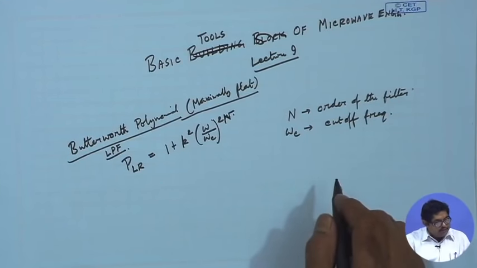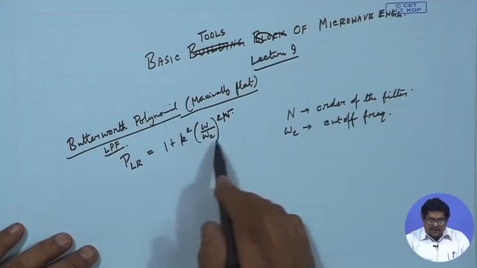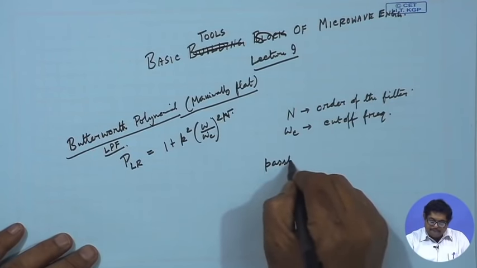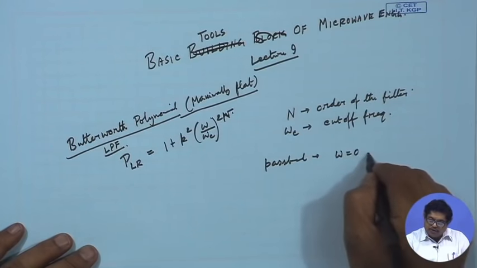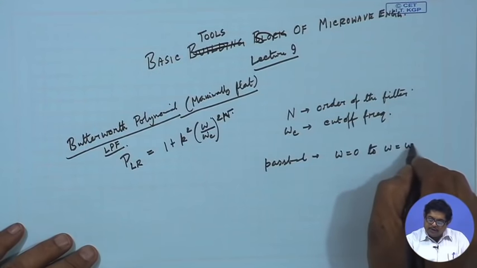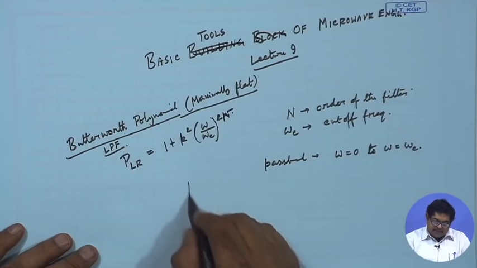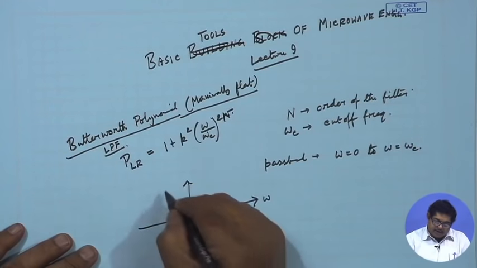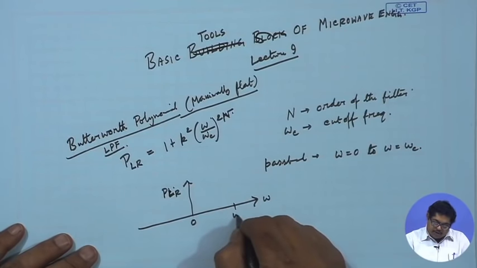and omega c is the cutoff frequency, the low pass filter angular cutoff frequency. Now, if you see this, the pass band extends from omega equal to 0 to omega equal to omega c, and at the band edge, suppose I am plotting omega and PLR, then 0, this is omega c.